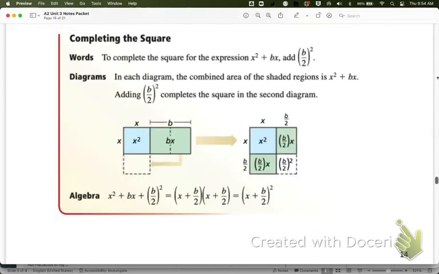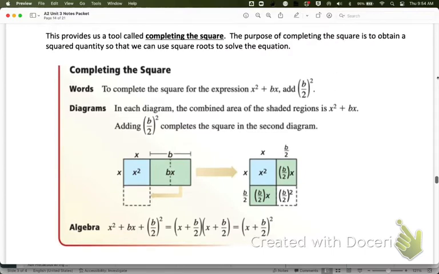So now let's just think in general before we move on to the next page. If I just gave you something like x^2 + 6x + blank, what would need to go in the blank to complete the square? Complete the square means add a number that makes it a perfect square.